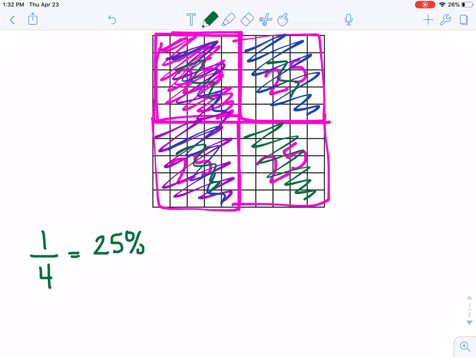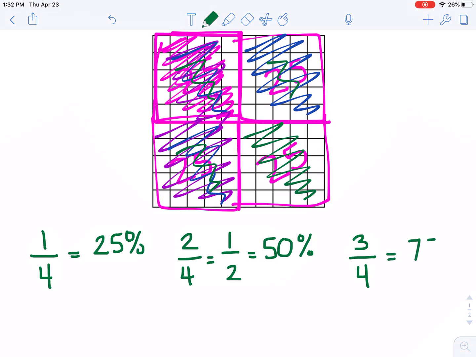Okay. And 2/4, also known as 1/2, equals 50%. Right? And 3/4 equals 75%. And when the whole thing's colored, it's 100%.